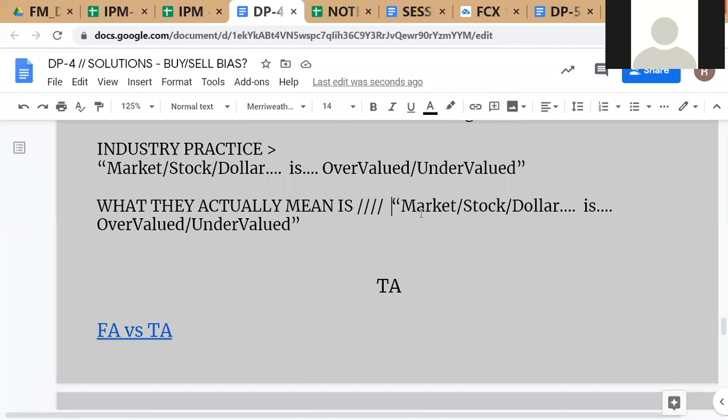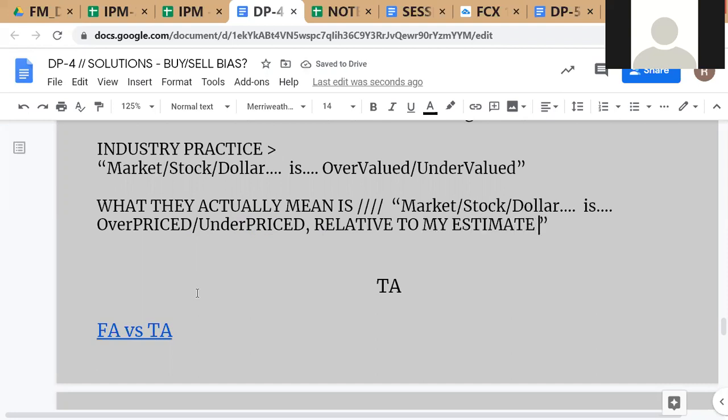What they actually mean is that the market, stock, dollar is overpriced or underpriced, relative to my estimate of its fair value.